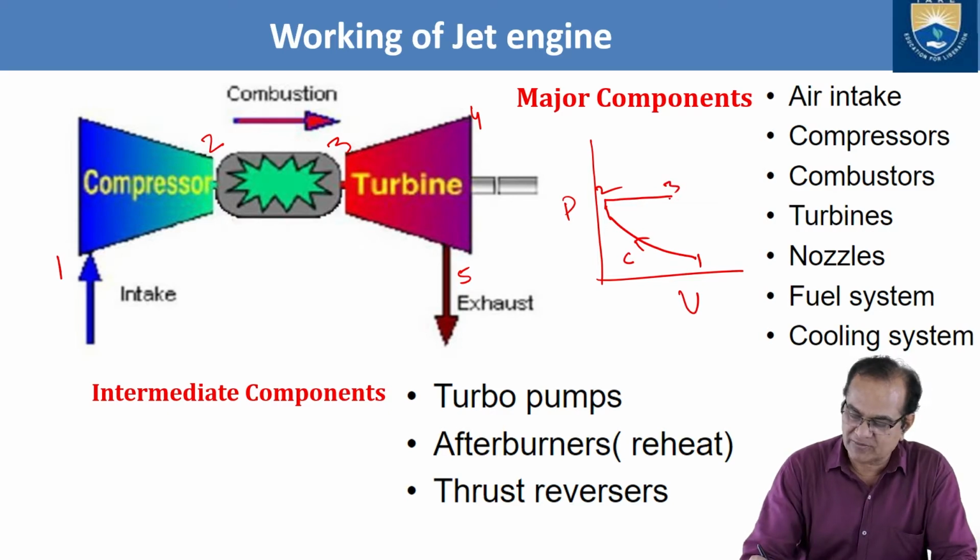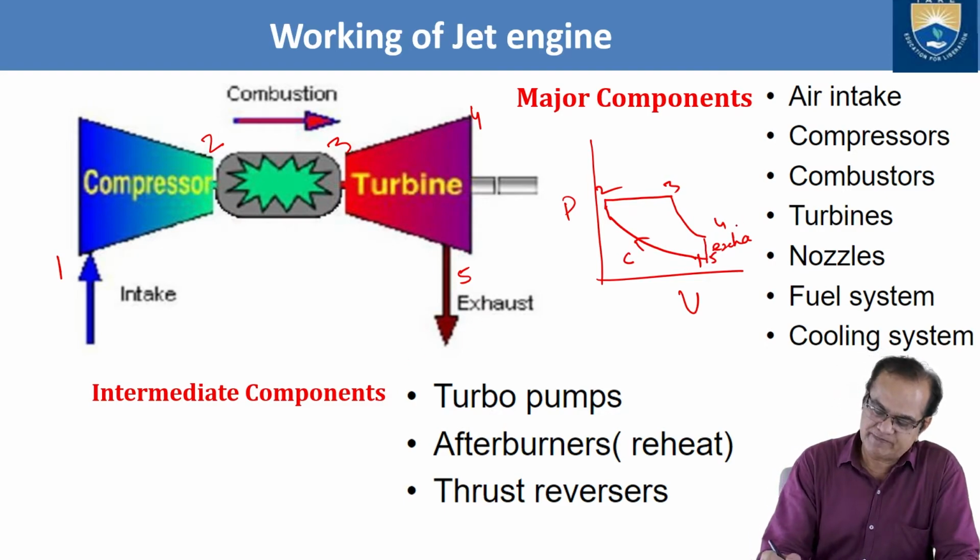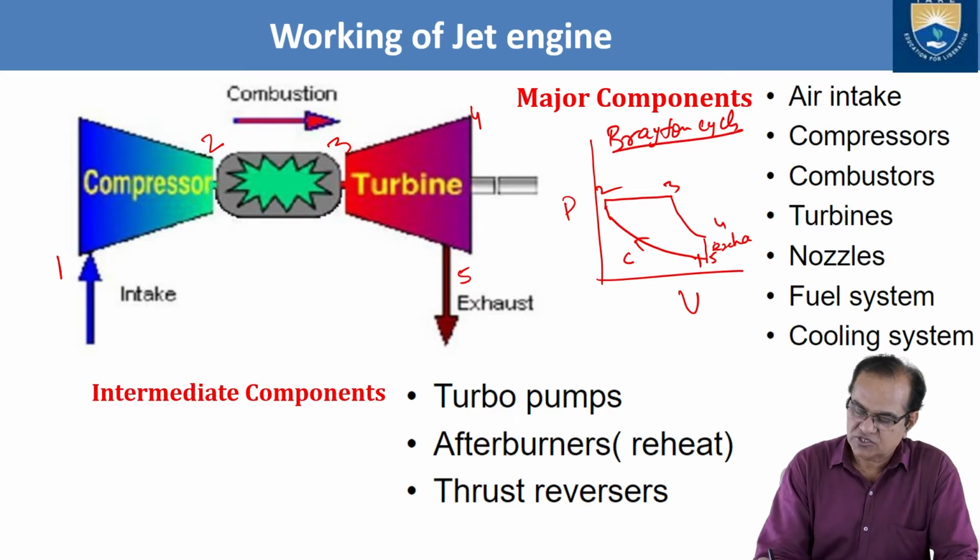Then it goes to the turbine, and this is 4, and here it will be exhaust, 4 to 5 or 4 to 1, whatever you say. So this is the Brayton cycle. For aircraft, it is not a closed cycle, so it will go to the atmosphere. That is the difference.